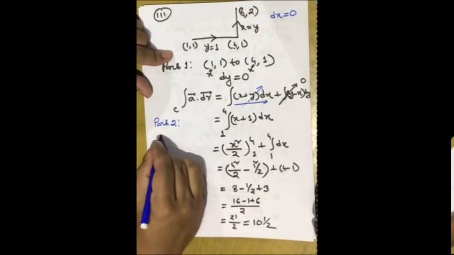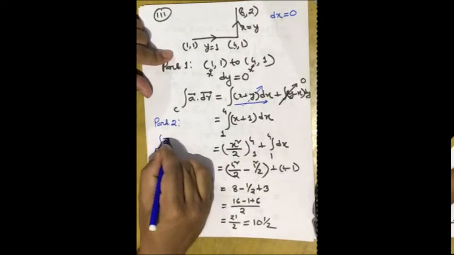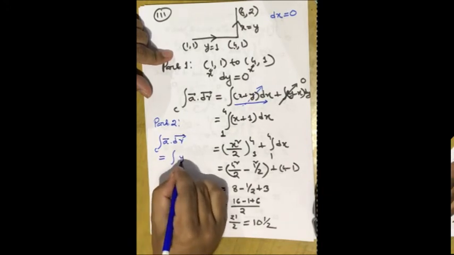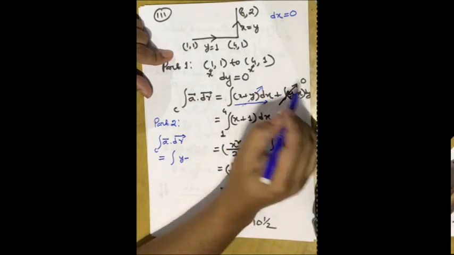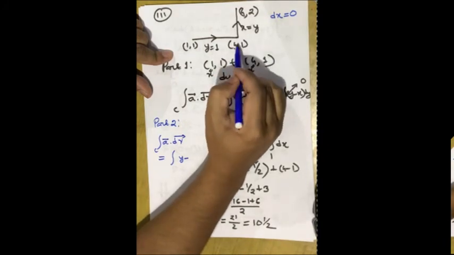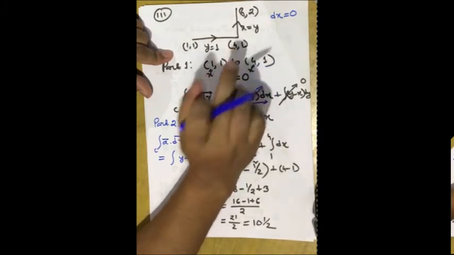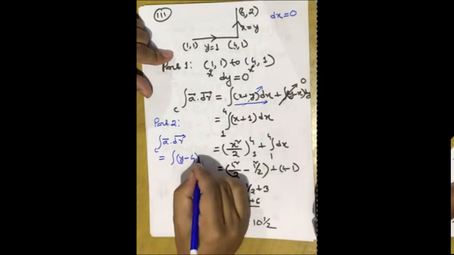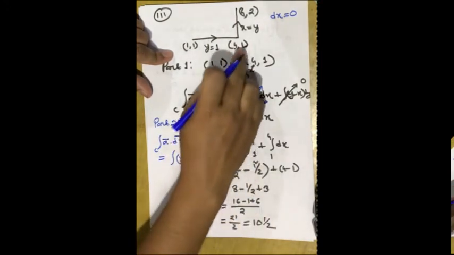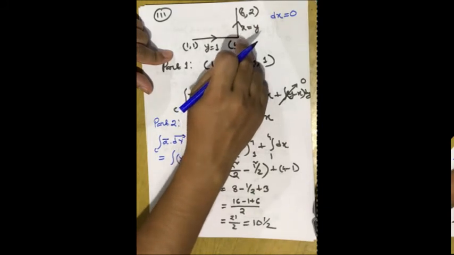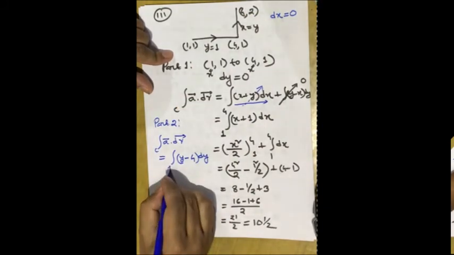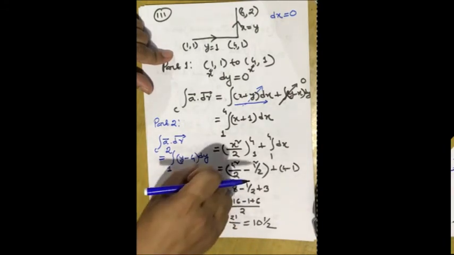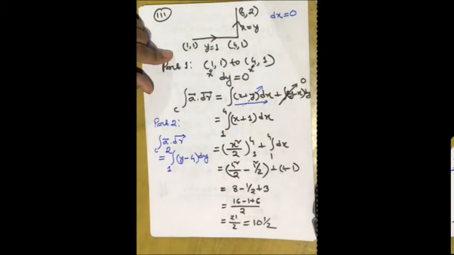So for part 2, if we write the integral of A dot dr, it will be (y minus x) dy, and x is equal to 4 here, so we put x equal to 4 into dy. And dy changes from 1 to 2. Here only the value of y changes, x doesn't change.